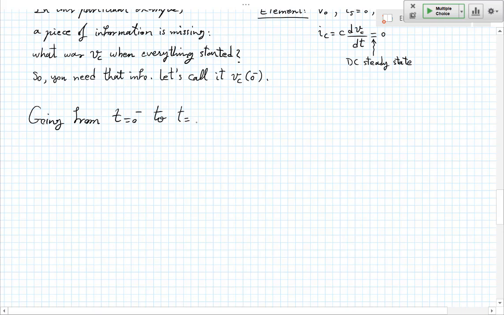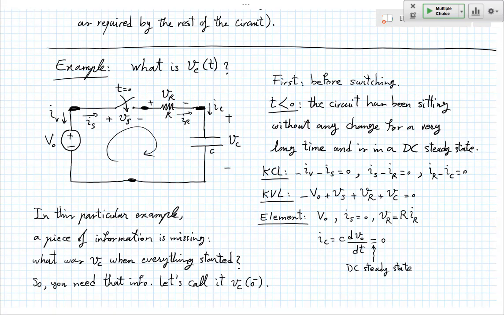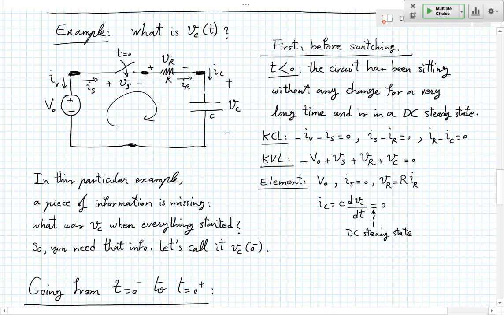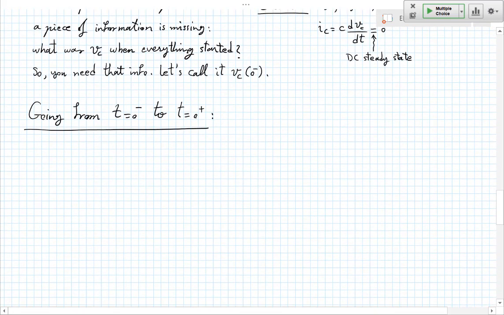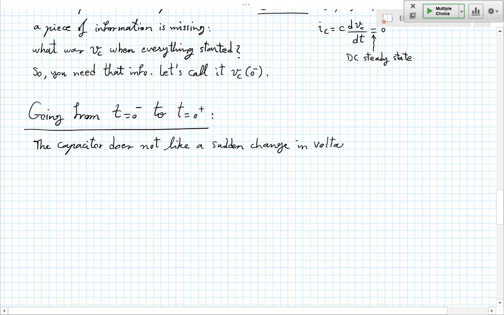To t equals 0 plus. Okay, so we started first before switching. That was, you might say, step 1. Then going from t equals 0 minus to t equals 0 plus, the capacitor does not like a sudden change in voltage, as we just discussed.